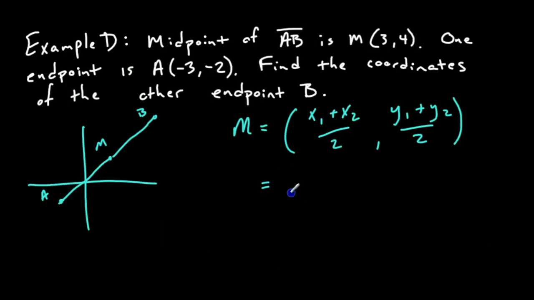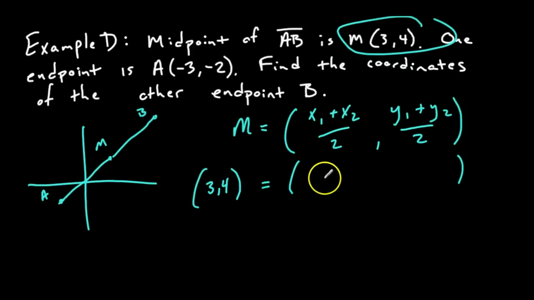Alright, so we know that M is really, like we said, that coordinate. So it's (3, 4). And we also know some of these values. We've got a point, we'll call that x1, y1, right? Because that is our first point. Now our second point, B, we don't know, so we're going to just leave that as x and y.